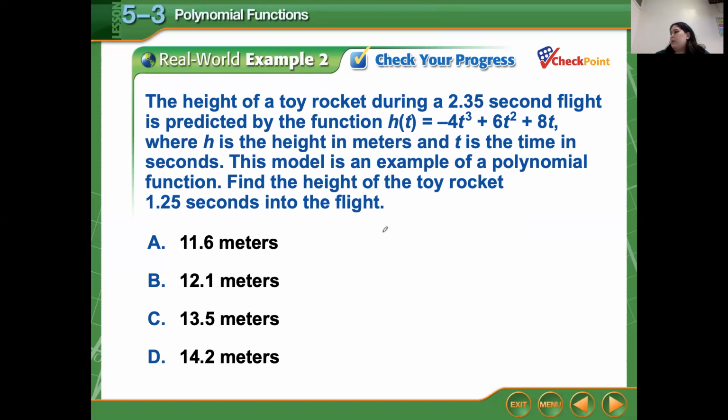So all we would do here is everywhere I see t, I would replace with 1.25. I would go ahead and do that, and simplify, and you should get about 11.6 meters.